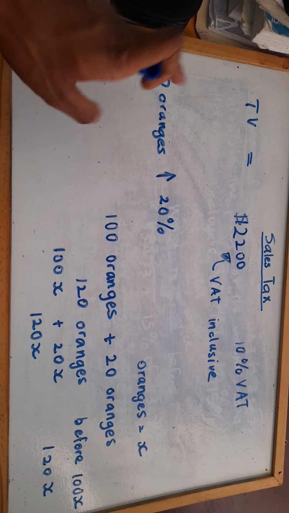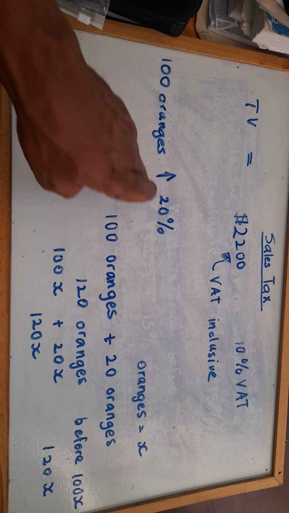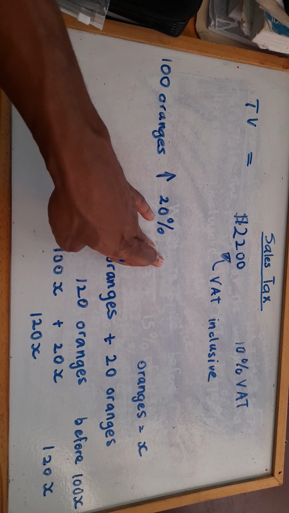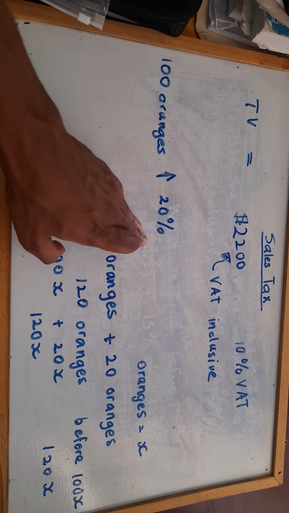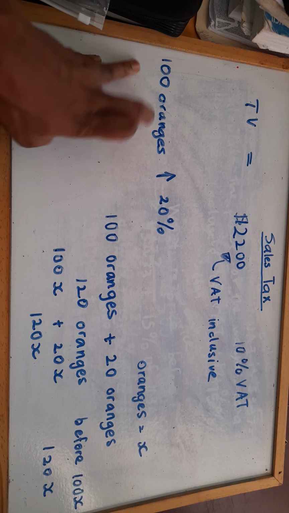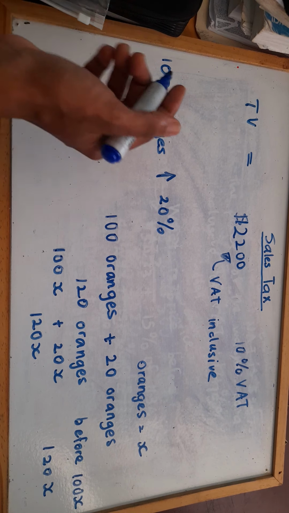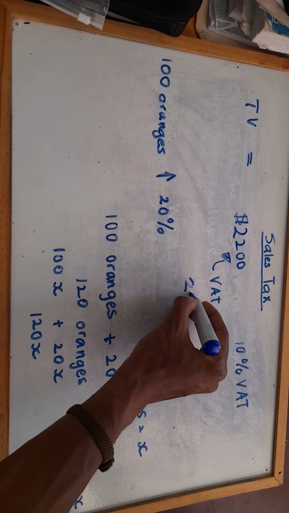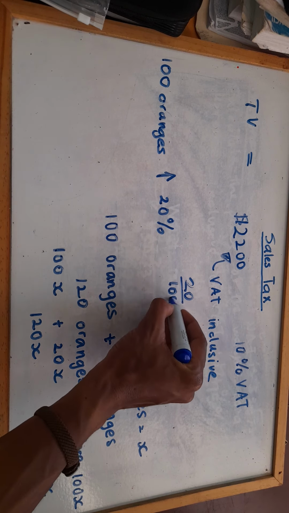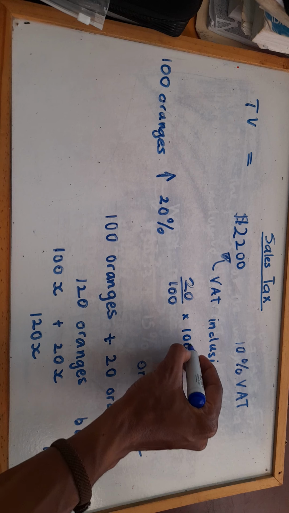I want to increase what I already have by 20%. 20% of what I already have would be 20 over 100 times the amount of oranges I have here.